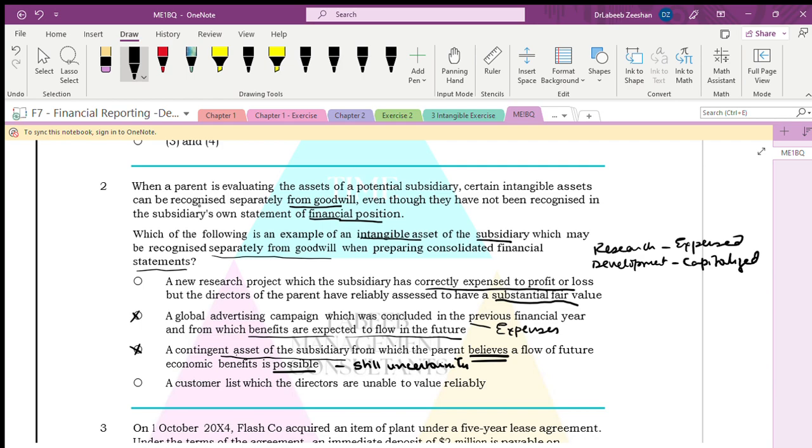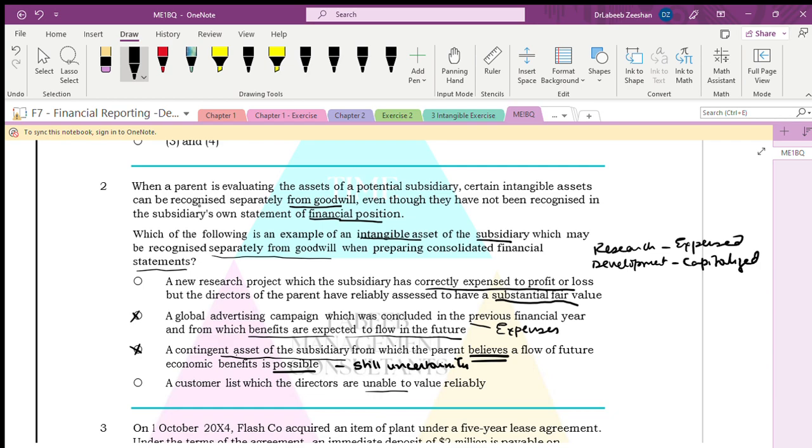A customer list, which the directors are unable to value. See, it is a customer list. That is the database. In some cases, if you see the current trend, the most important thing is the database.